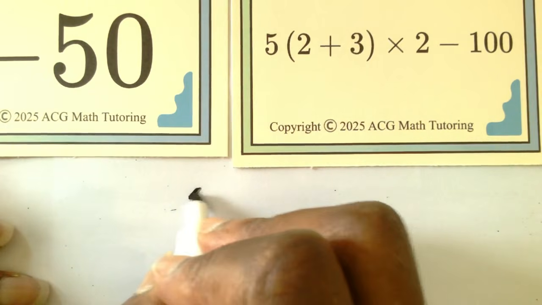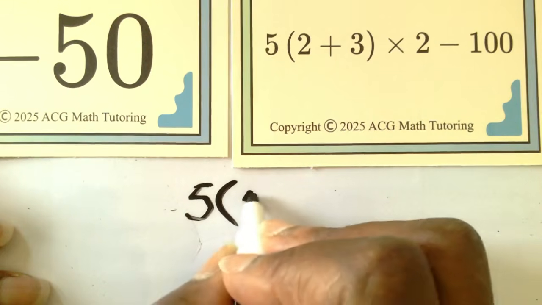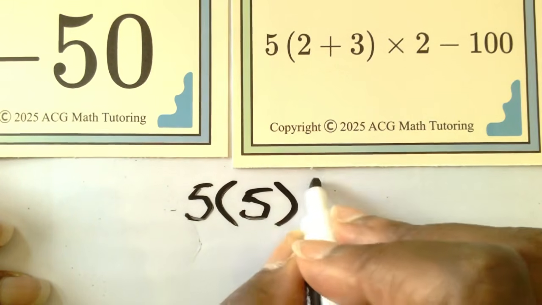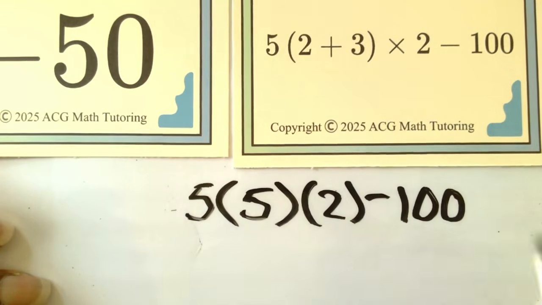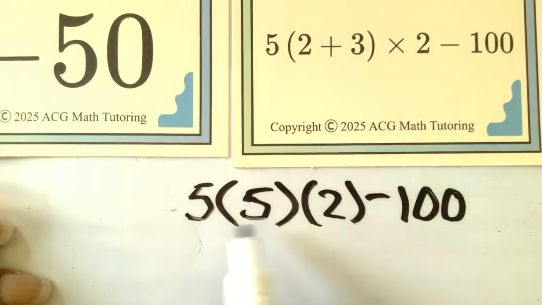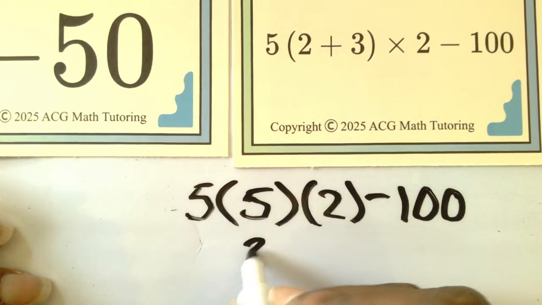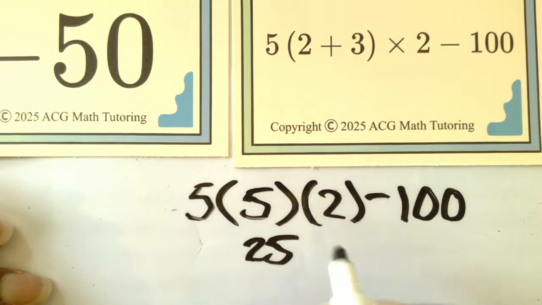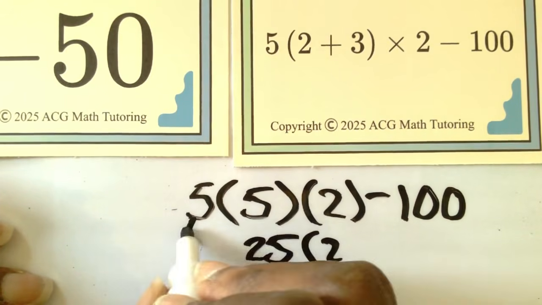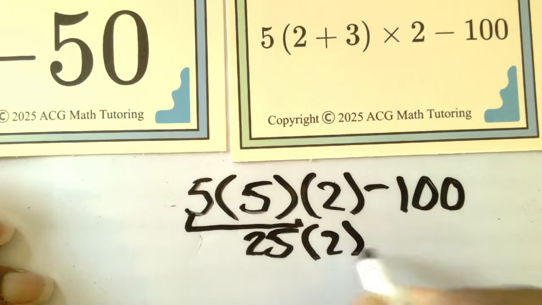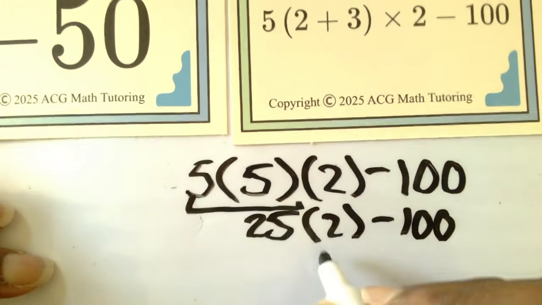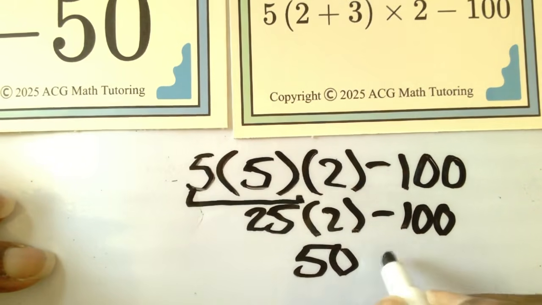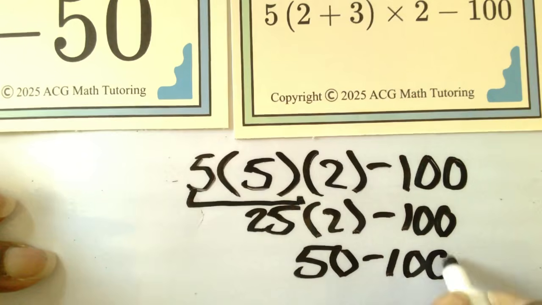So that means we have 5 times 5 times 2 minus 100. Okay? 5 times 5, 25. That's coming from here. 25 times 2, 50.